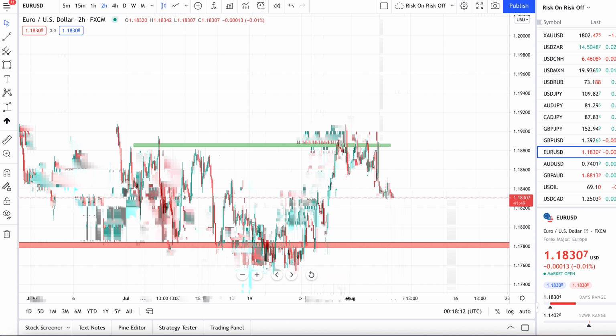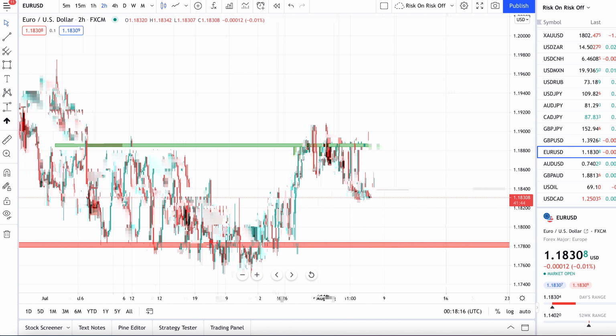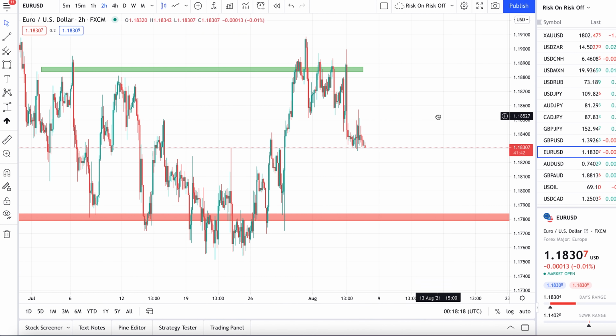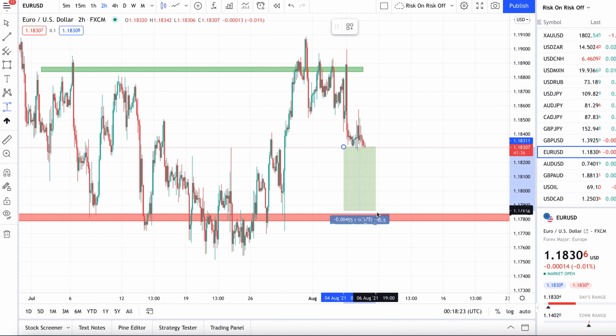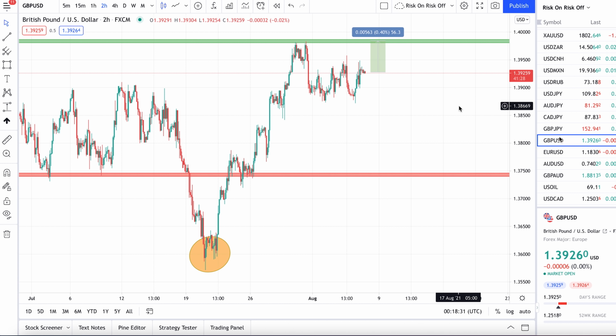As you can see from previous support on this 2 hour time frame, it's been a pretty strong level in the past, and that's where we think it will come down to next. So again, we're trying to build up a profile, and what we do next, as you know, is measure the pip difference. For me, it's around 50 pips or so before it comes down to the support level.